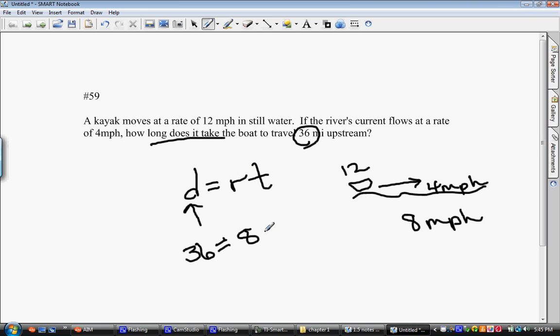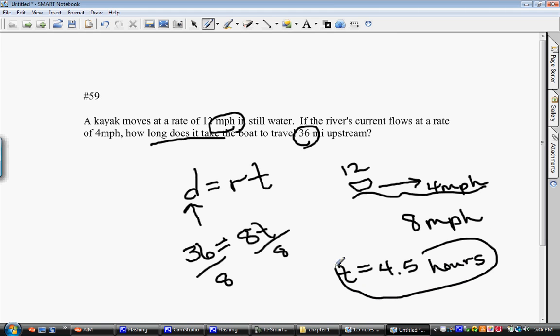Well, if I do division, 36 divided by 8 is 4.5. So this is the time, 4.5. And what is that? It's in hours because we have miles per hour here. So 4.5 hours it would take us to travel upstream in the kayak.